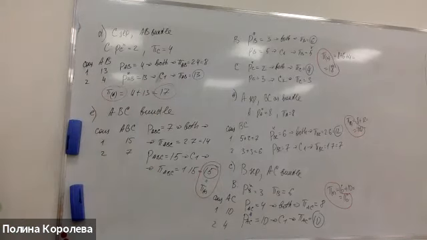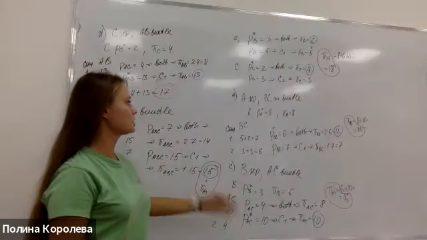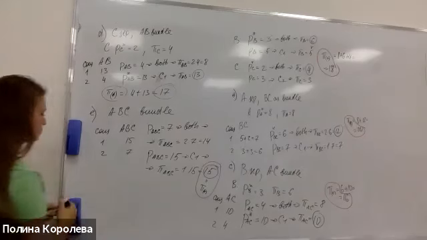What is the best option for us? Maximum profit will be 20. So it's better for us to sell A separately and BC as a bundle, because it will give us the maximum profit. Why is it so?